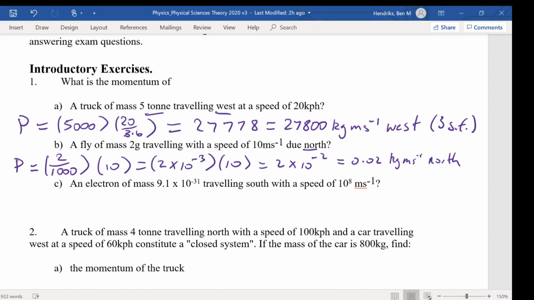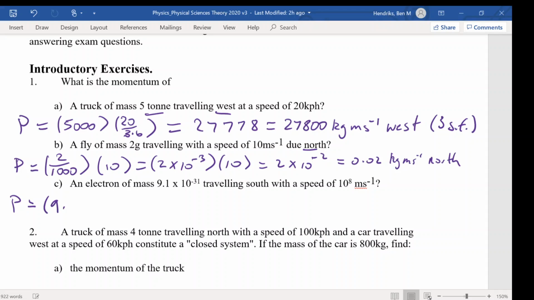Okay, so an electron of mass 9.1 times 10 to the negative 31, travelling south with a speed of 10 to the power of 8 meters per second. Okay, so we can put these straight in because this should be in kilograms. A mass of 9.1 times 10 to the negative 31, that's actually kilograms.